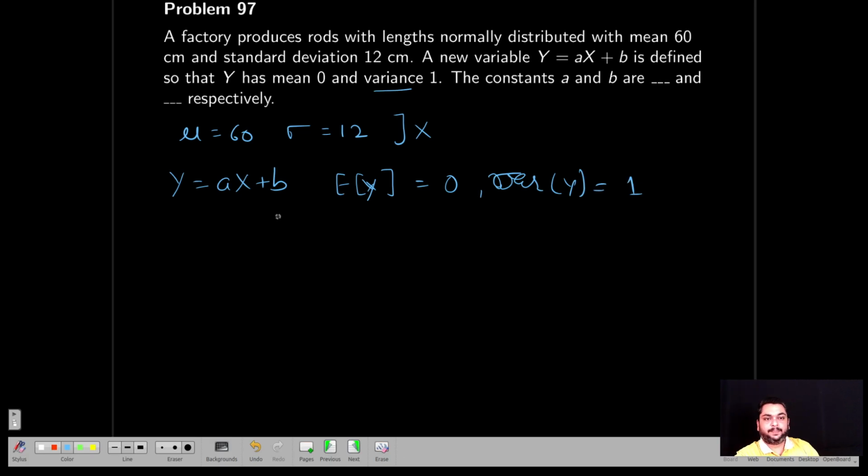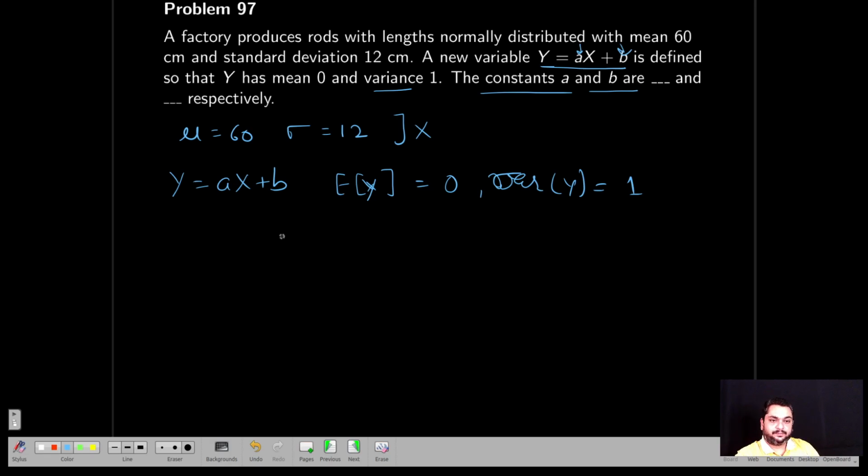Now what do you have to find? The constants A and B are dash and dash respectively. See, this is the variable. In terms of X, what should be these A and B values such that this holds?